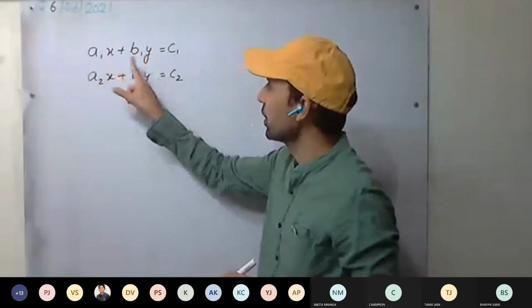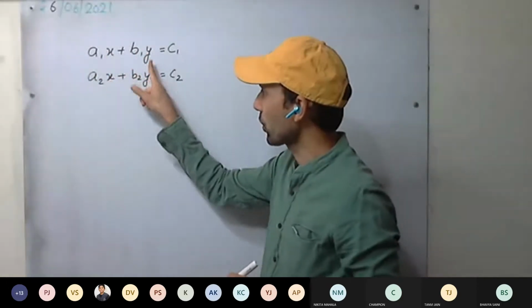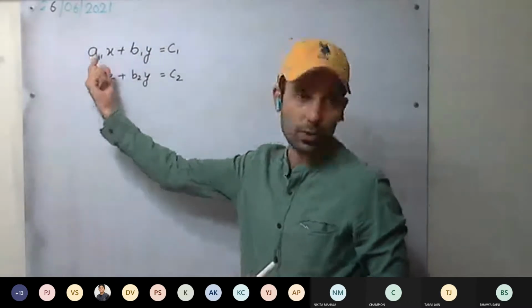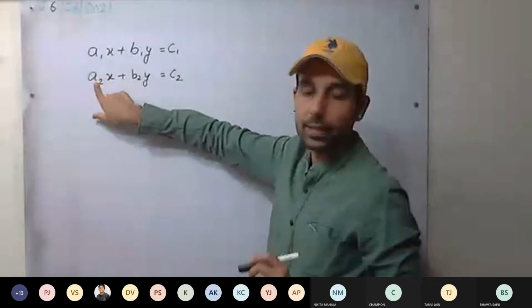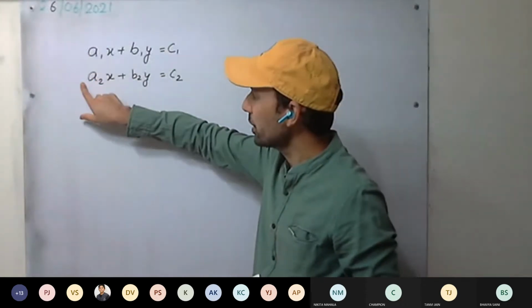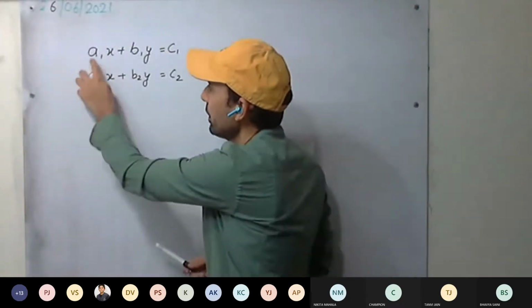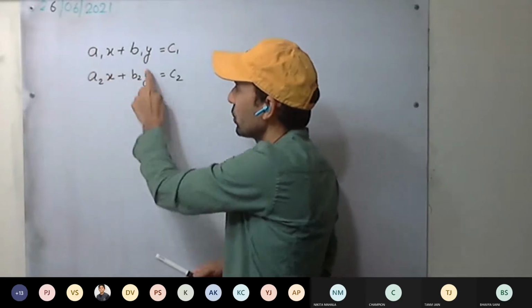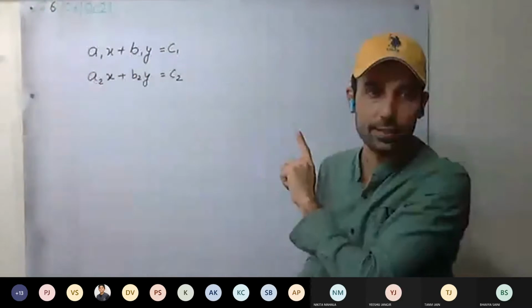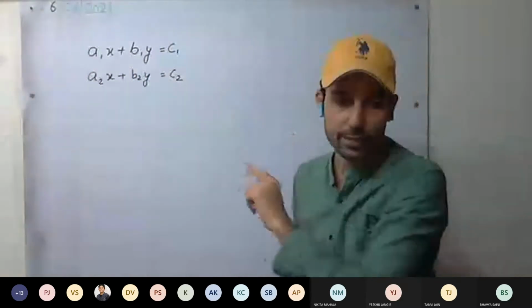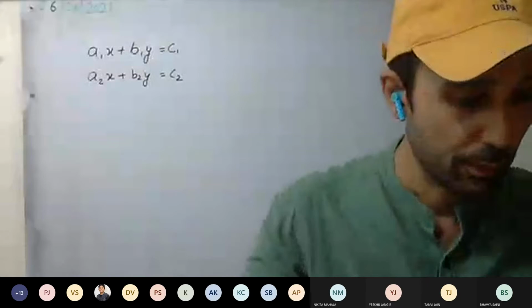First, we will check whether the coefficients of x or of y are equal or not. If, for example, the coefficients of x are equal, then by subtraction they will cancel each other, and we get an equation only in terms of y. Let's do it with an example, that will be easier.